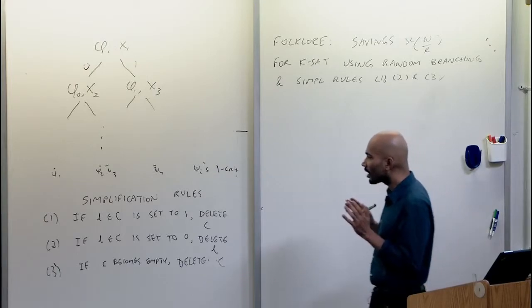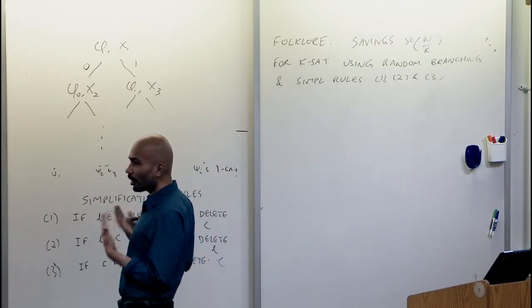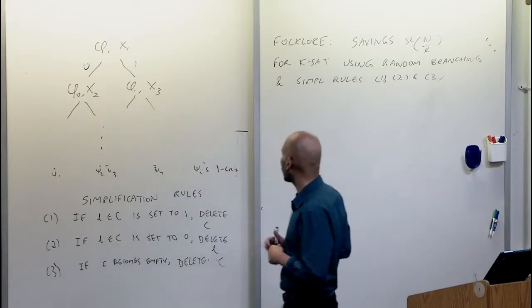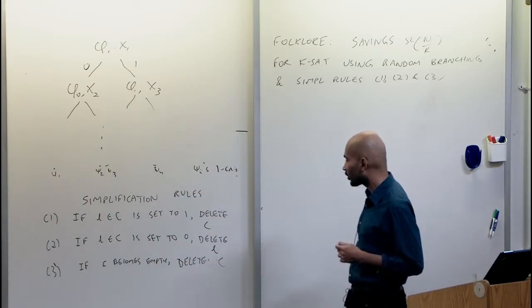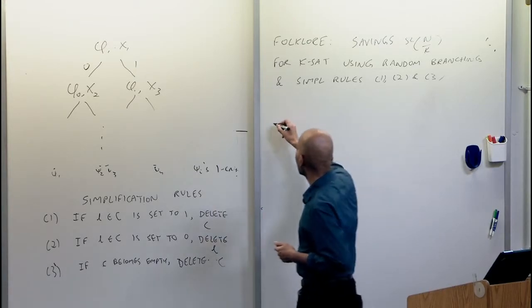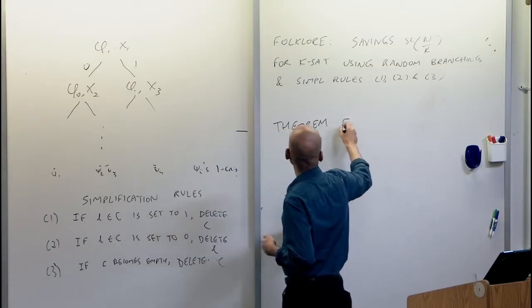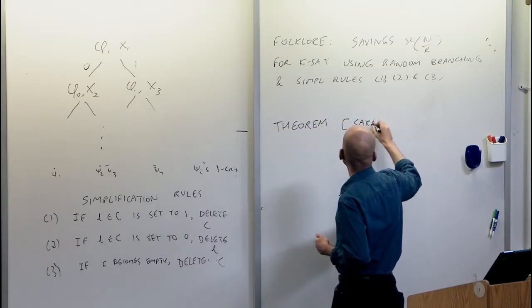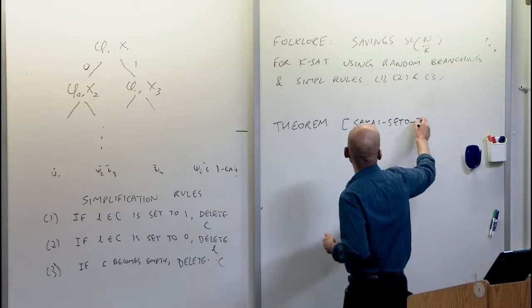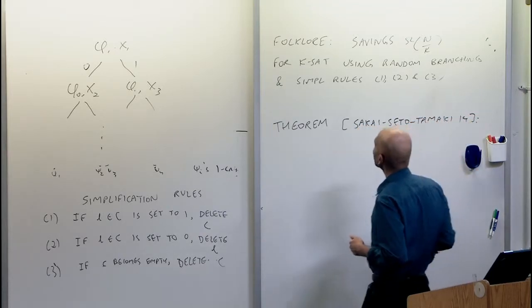And this is the insight of this paper of Sakai, Seto, and Tamaki, which is the predecessor of our paper, which we build on. And they show how to analyze the case when you use this simplification rule. So this is the result, from the SAT conference last year.